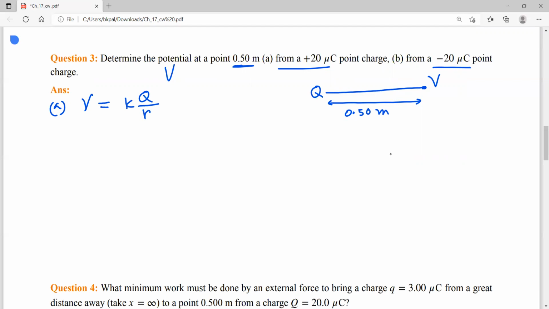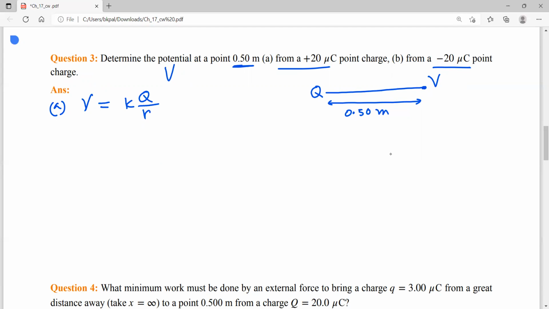So don't get confused between the electric field and the potential. Here all the terms are scalar, so it is very important to write the explicit sign. For a positive charge it doesn't matter, but for a negative charge we have to explicitly put its negative sign.